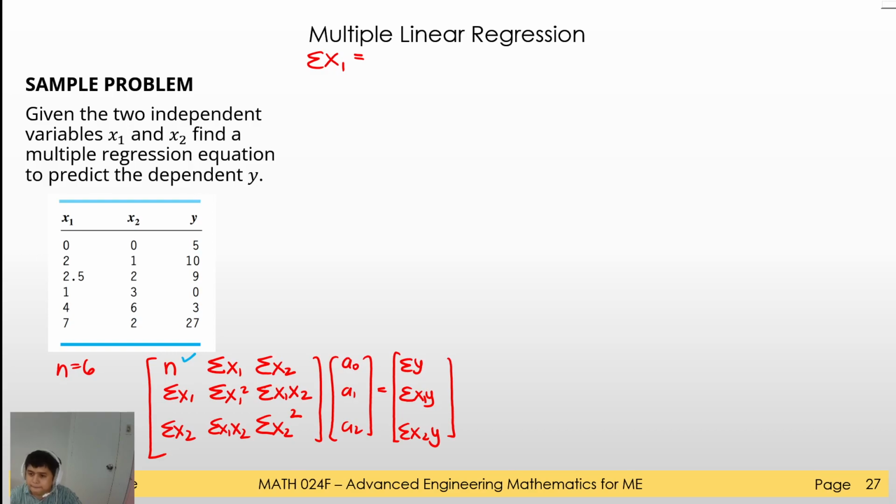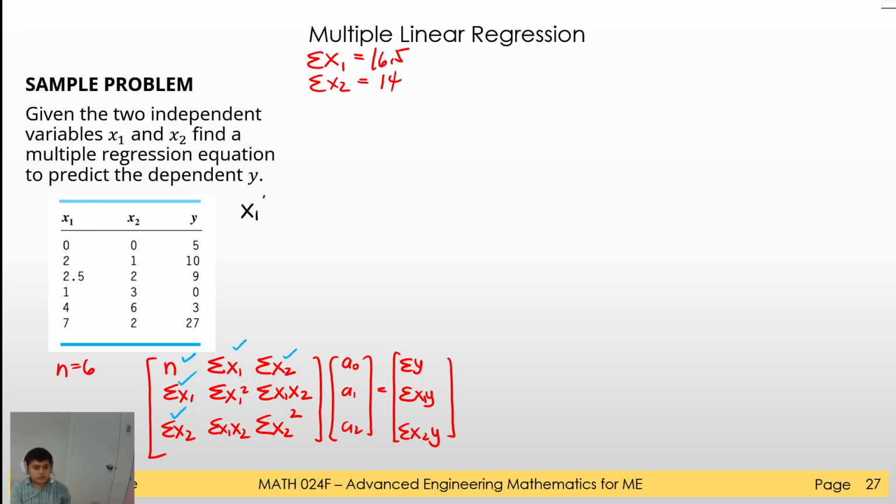Okay. So, the summation of x1 here will be 16.5, summing these x1 variables. The summation of x2 will be equal to 14. And then what's next? So, x1 squared, we want to square this. So, we can create a tabulation here, no?